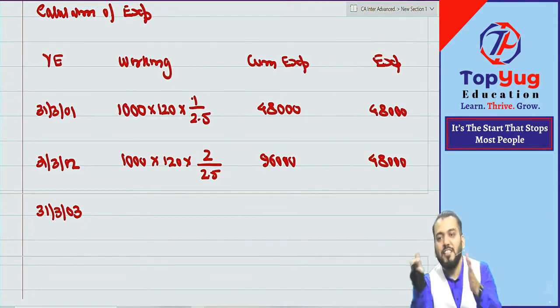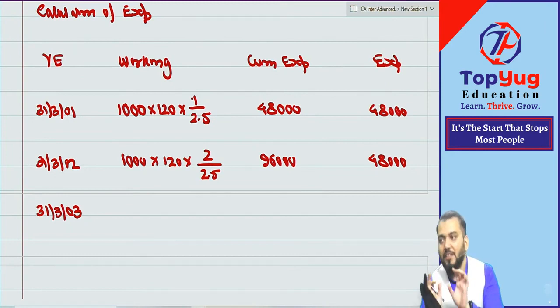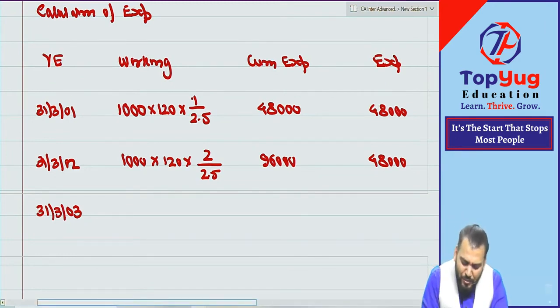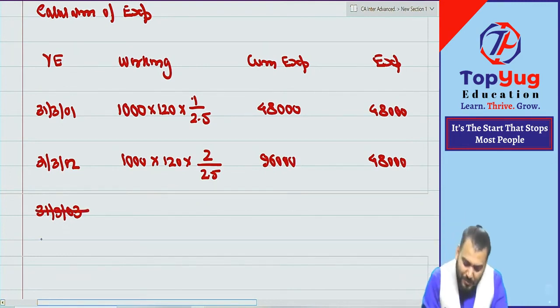Because we recognize expense for that particular year. Expense will be recognized at year end. But for the 6 months, you can also write 30th June, or 30th September 2002, if you want to write it better. For that, marks will not be deducted.